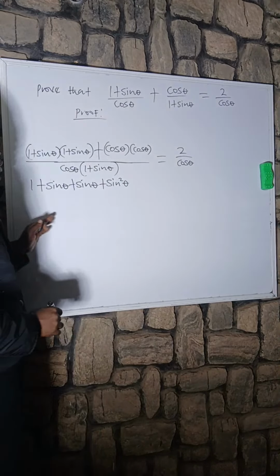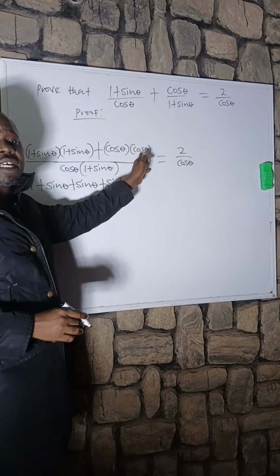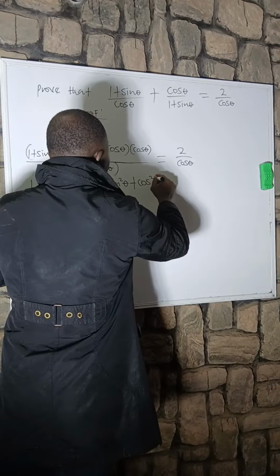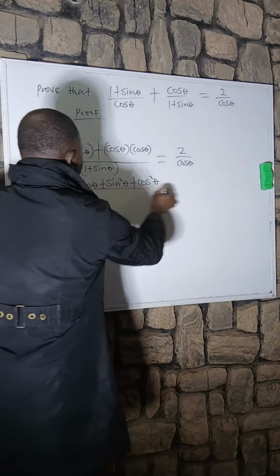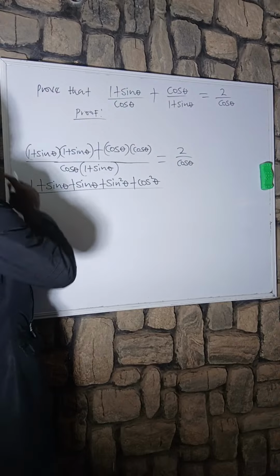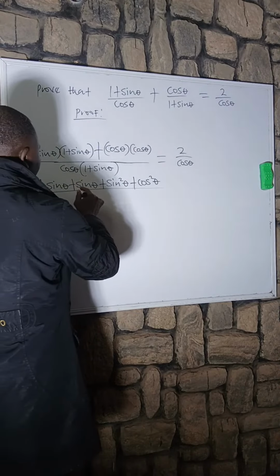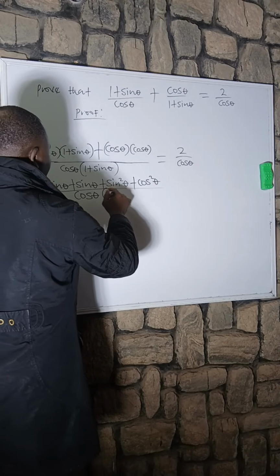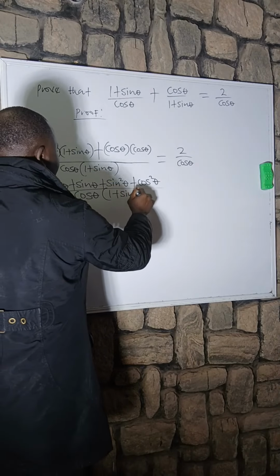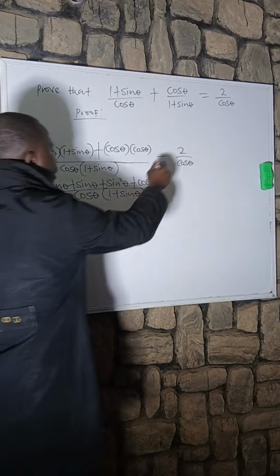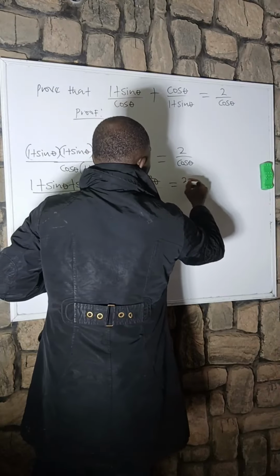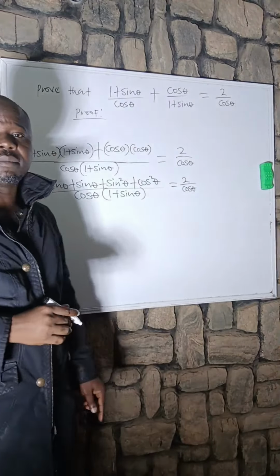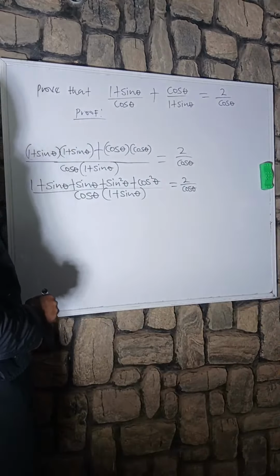Then cos theta times cos theta will give you plus cos square theta, all over cos theta, open bracket 1 plus sine theta, equals 2 all over cos theta.